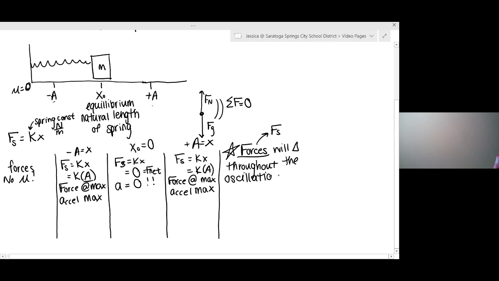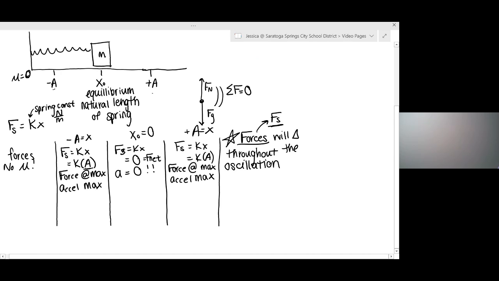Halfway between x0 and A, our force would be 1/2 kA, and at 3/4 of the way between 0 and A, it would be 3/4 kA. So that force Fs is constantly changing as we oscillate back and forth. Let's talk direction of that force, and then I'll check back in for questions.